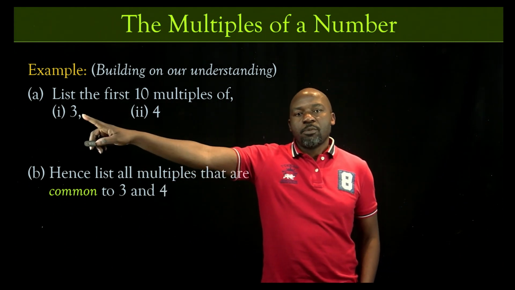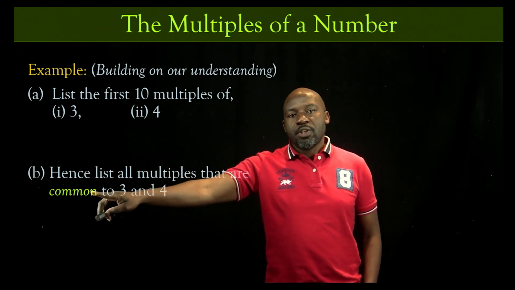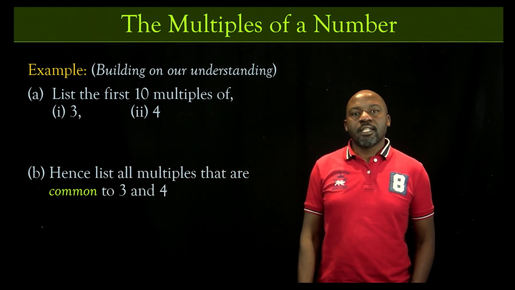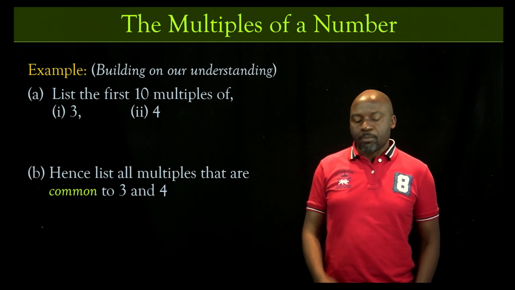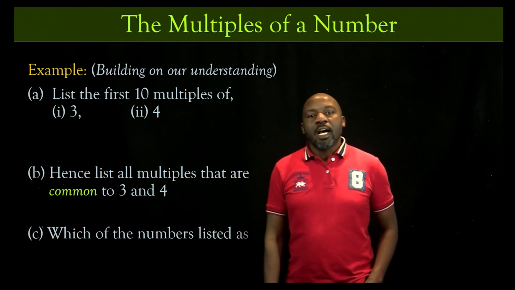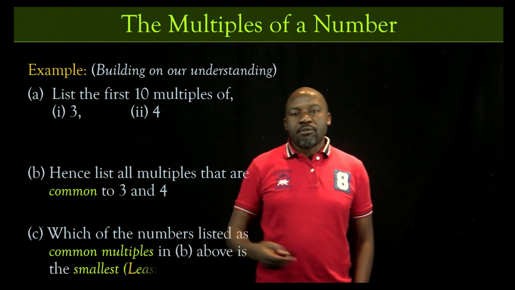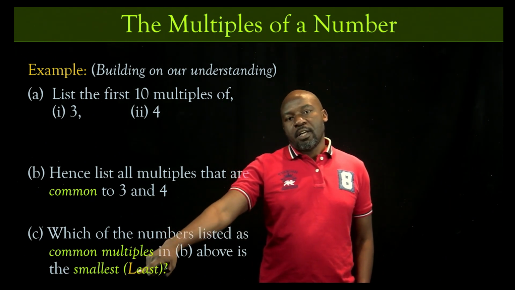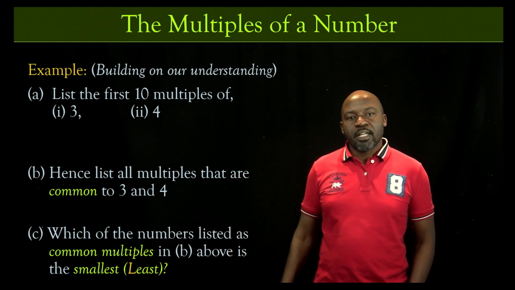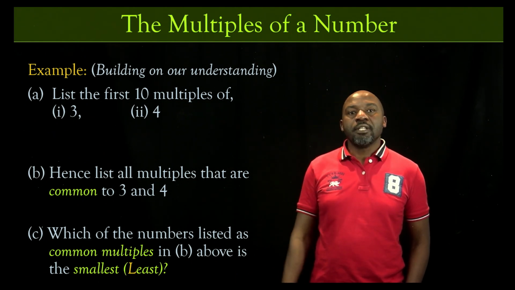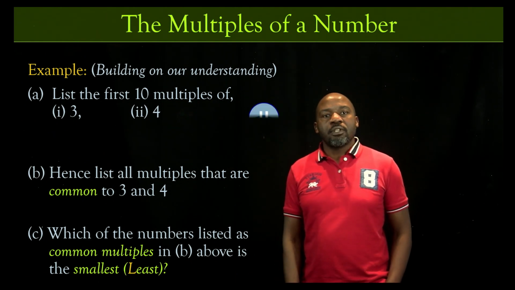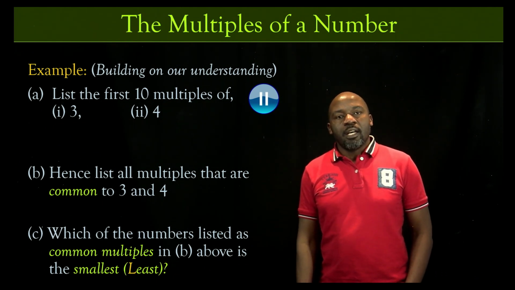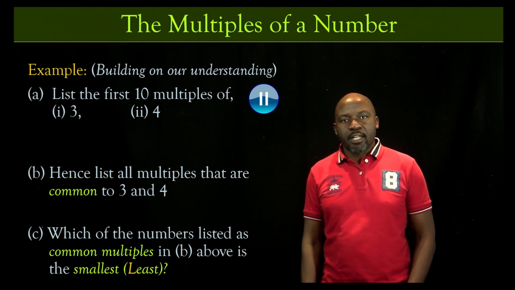Once we've determined the multiples of 3 and those of 4, we will see which multiples are in both 3 and 4, in other words, the intersection of the multiples of 3 and the multiples of 4. After that, we will find out which of those multiples is the smallest or the least. Notice that I have written L there. I've expressed that in orange so that we remember what that means. You can pause the video and try answering this question, and then follow along and see if we are getting the same results.